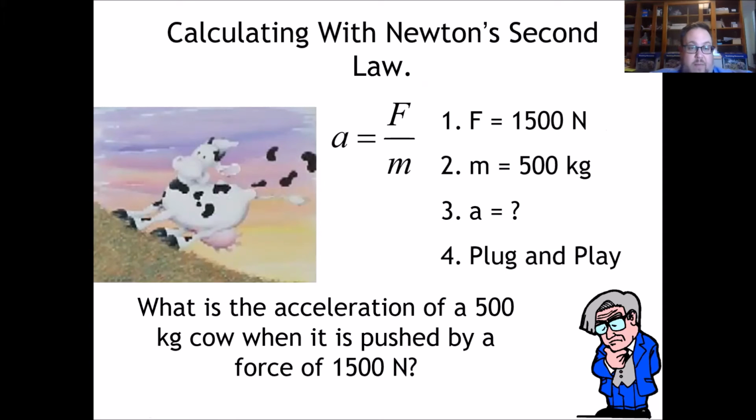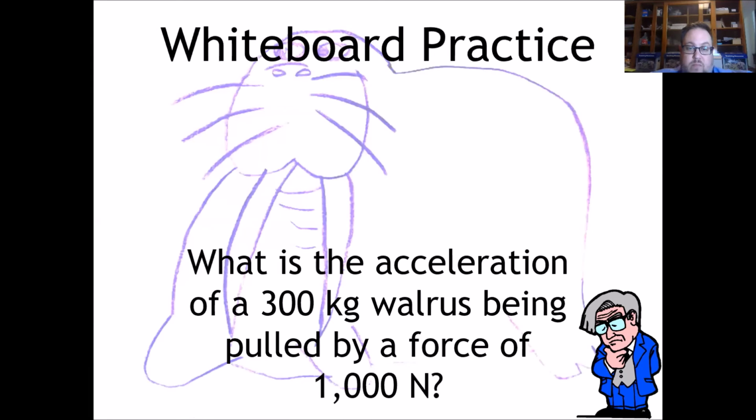You can answer that now. Here's some other practice for us. What's the acceleration of a 300 kilogram walrus being pulled by a force of 1,000 newtons? Don't worry about sig figs.